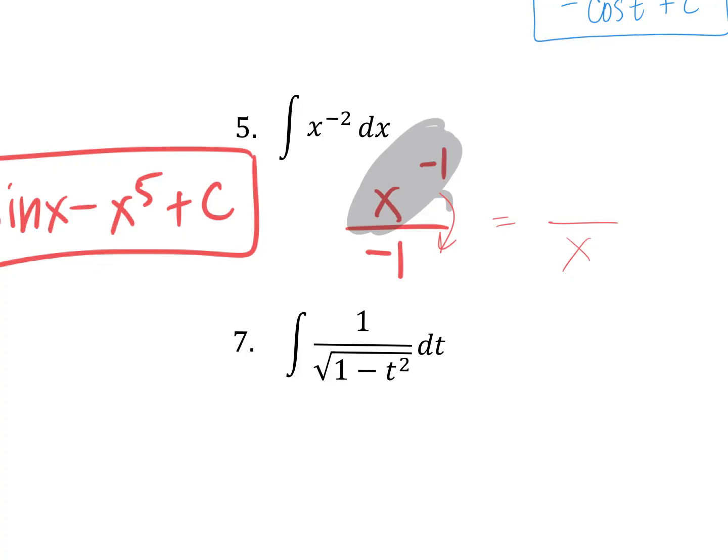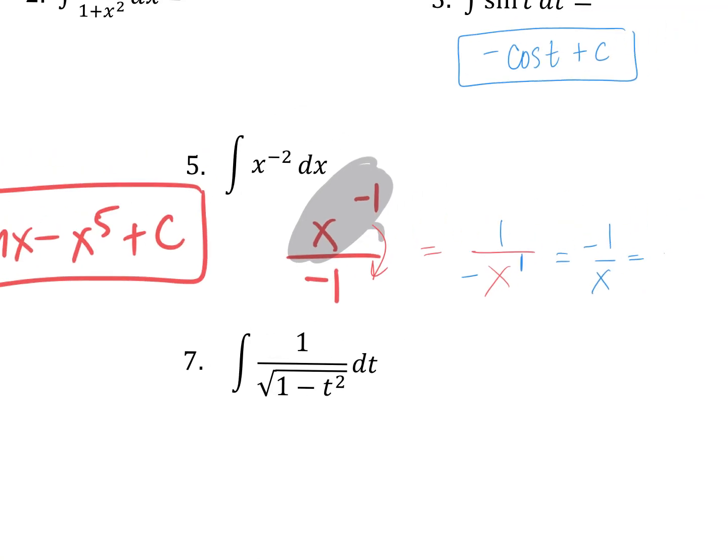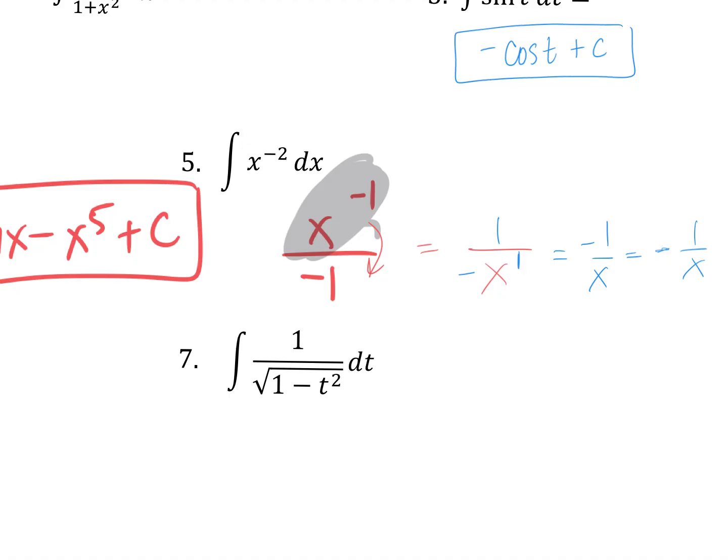I'm not even going to write the first, but it's really to the positive one. What would I do with this? I could put a negative down here. Is this the same as this? Is it the same as that? All 3 of those are equivalent, so I'll take any of them. You're going to find me writing it this way the most, because that's how I say it out loud. Negative 1 over x. That's how I'd say it out loud, so that's how I'm going to write it.